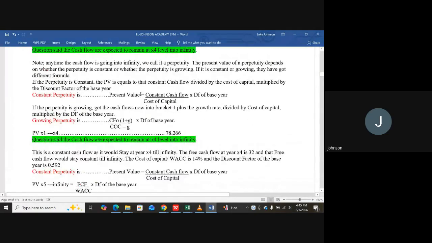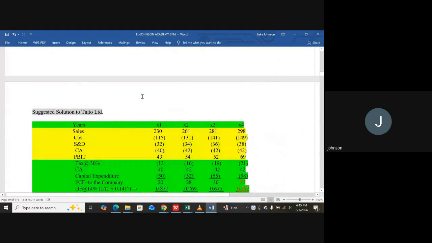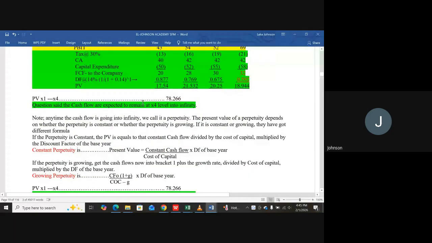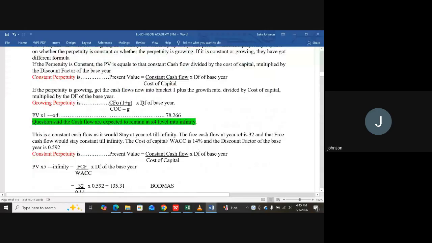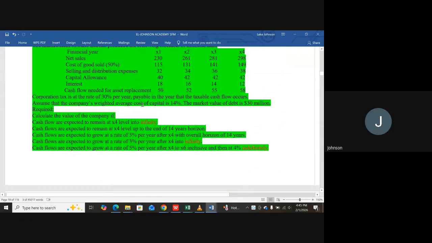So if you go back to the question, where's that place? The question told us that the debt value, assuming the company has a weighted average cost of capital of this amount, and then the market value of debt, look at it.